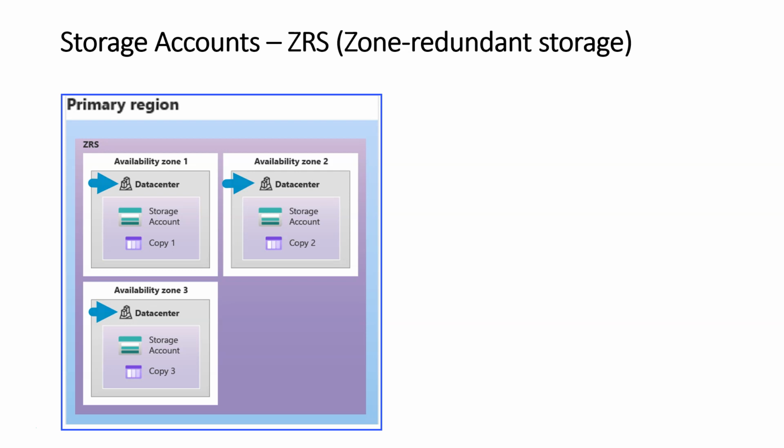Since the data is kept in different zones, it is called zone redundant storage. The good benefit of this is, let's say availability zone 1's data center is down. You still have 2 data centers up, so that gives you higher availability of the data.